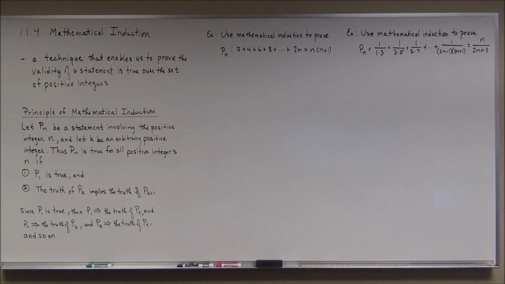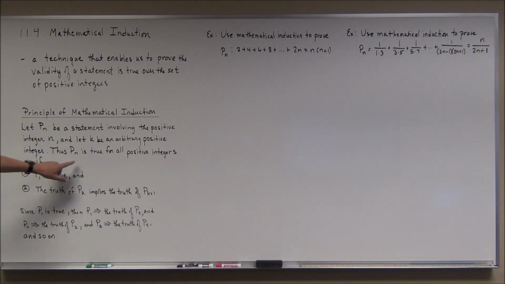So what we're going to do is look at the two key components of it, and then we're going to do a couple of examples to show you what's going on. So the idea of mathematical induction is to show that something is true when it starts off for the initial statement. The principle of mathematical induction says let p sub n be a statement involving the positive integer n and let k be an arbitrary positive integer.